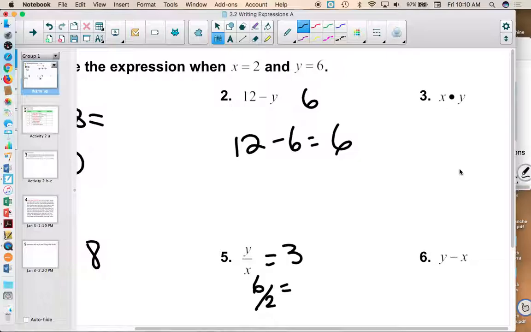He says 12. Is he correct, folks? Yeah. Because that was 2 times 6. Good. What about number 6? Y minus x. Jaslyn says that equals 4 because that was 6 minus 2. Fist to 5. How do you feel about evaluating expressions?